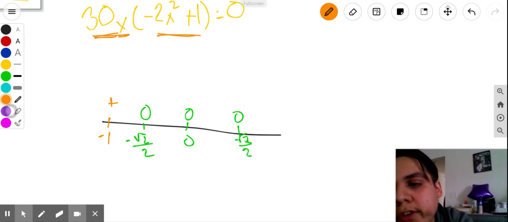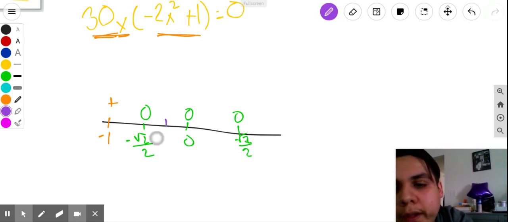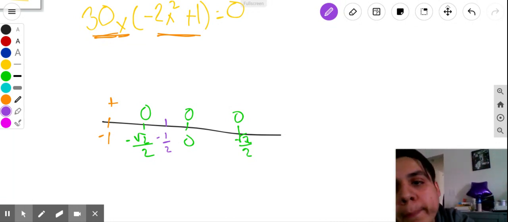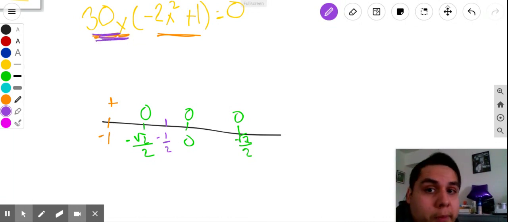Let's see, I gotta choose another number. So I will go with negative 1/2. I could write that as square root of 1 over 2, and square root of 2 is bigger than square root of 1. So that's how I know that that value would fit in that spot right there. So 30 times a negative 1/2 would give me a negative number.